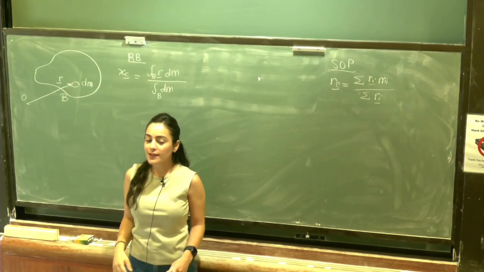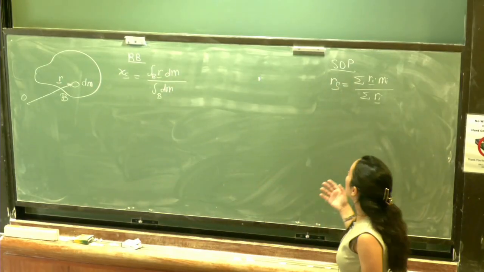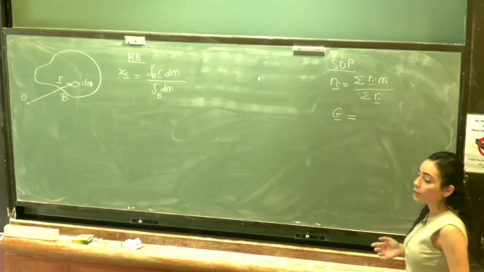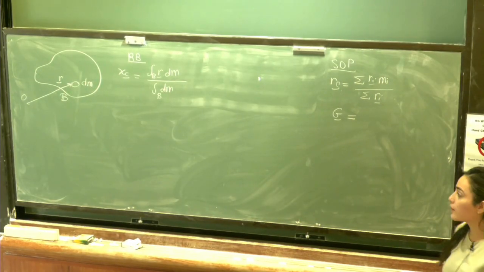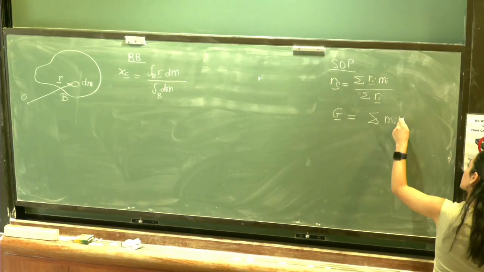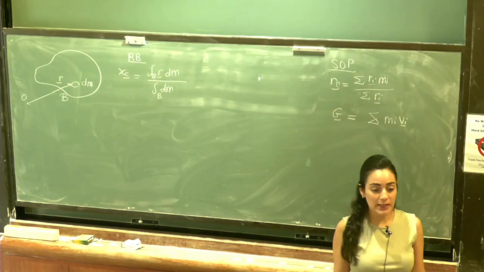How do I calculate the linear momentum of a rigid body? How did I calculate the linear momentum of a system of particles? What was the linear momentum of a system? Exactly, the sum of the linear momenta of the individual constituents. So how do I calculate the linear momentum of a rigid body?